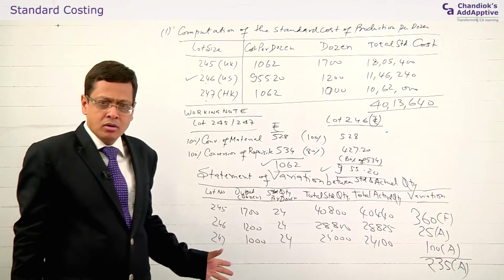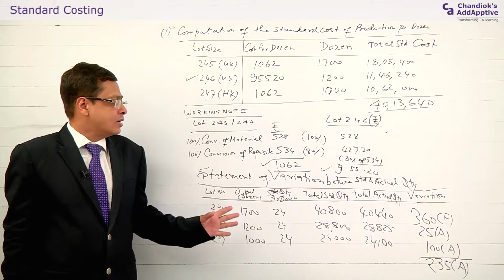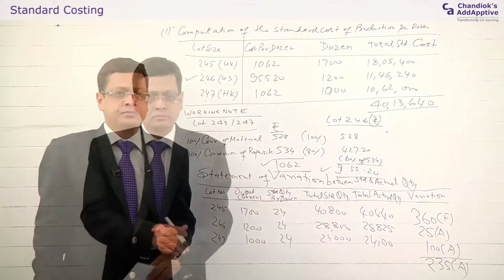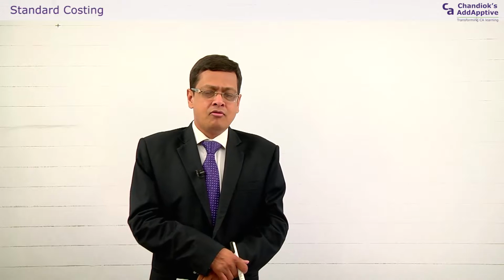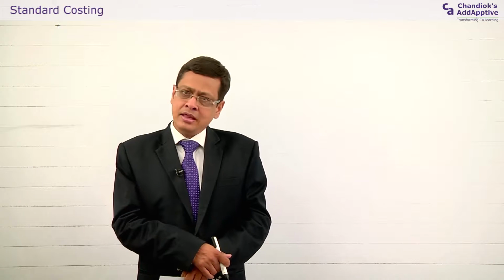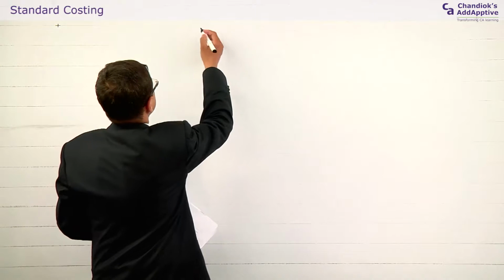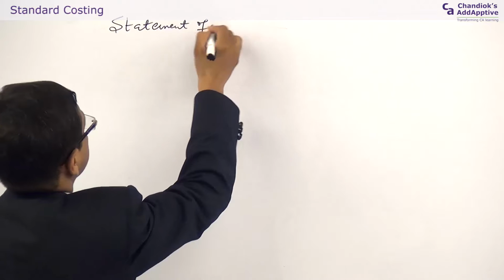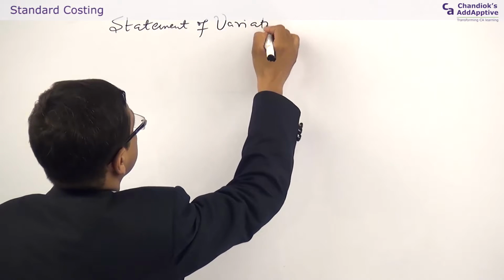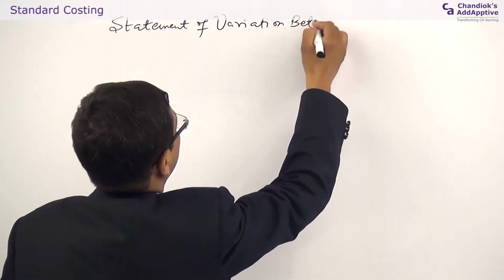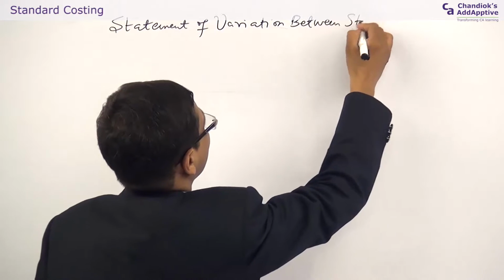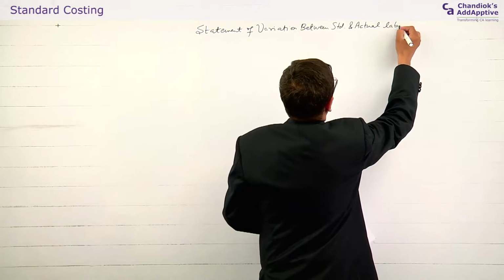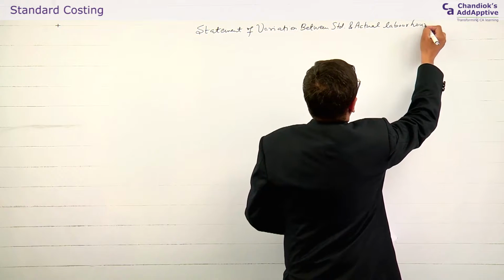Now, I will rub the board and try to find out what is the variation between the standard and actual labor hours. Now, we are working for the difference in the labor hour. So, you are making a statement of variation between standard and actual labor hours.